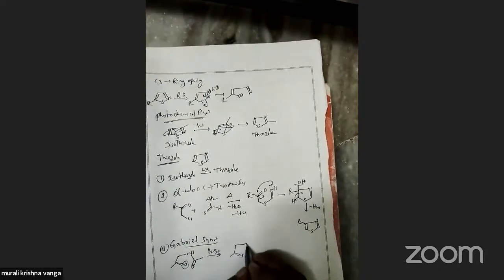The ketone oxygen undergoes thionation; the ketone oxygen is replaced by a sulfur group. Now it involves loss of a water molecule, then forms the product.